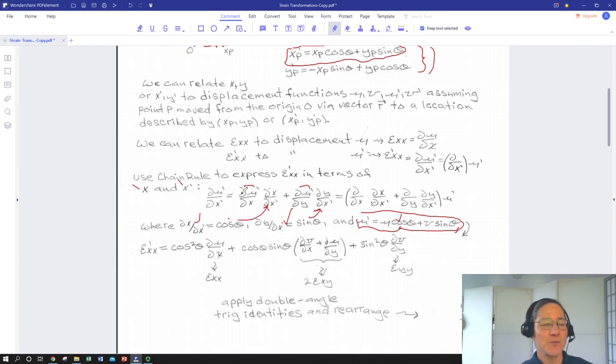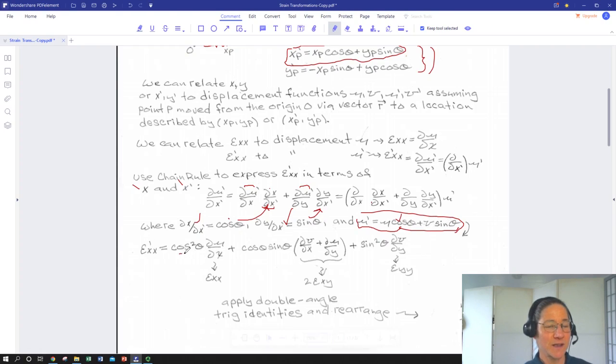So if we start with the partial of u prime with respect to x, I'll take the partial of u with respect to x. Cosine theta is not dependent on x or y, so it stays as a constant. Then I'm going to add the partial of v with respect to x, multiplying by sine theta, which when I multiply by my cosine theta term here will give me partial of u with respect to x times cosine squared theta plus partial of v with respect to x times sine theta.